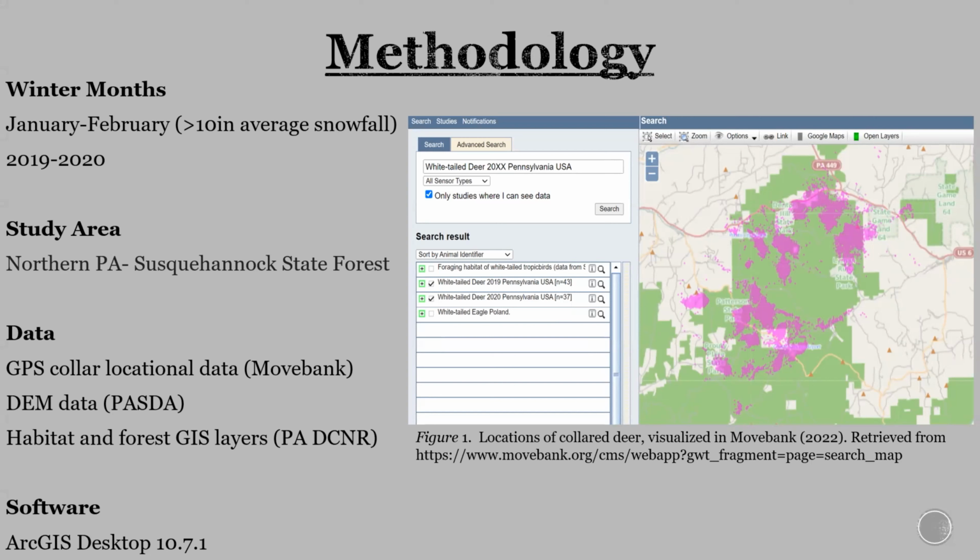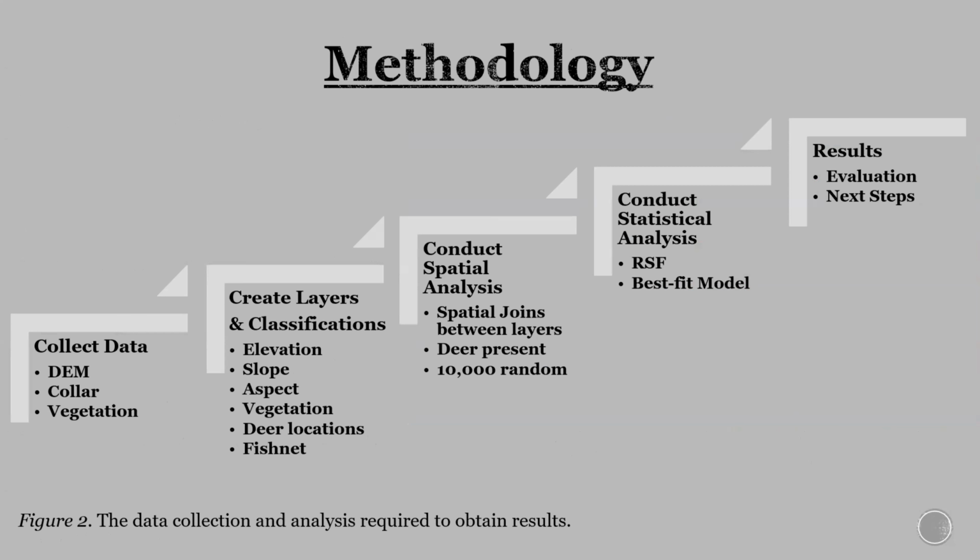And I was able to do all of my spatial analysis on ArcGIS. So other than collecting the data, I went ahead and created layers and classifications, conducted a spatial analysis, a statistical analysis, and then evaluated the results, which I'll go over now.